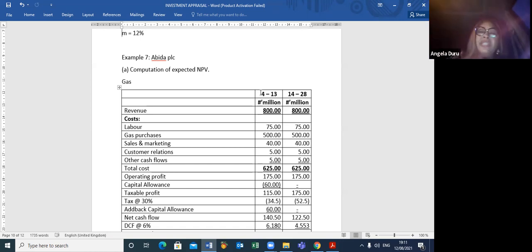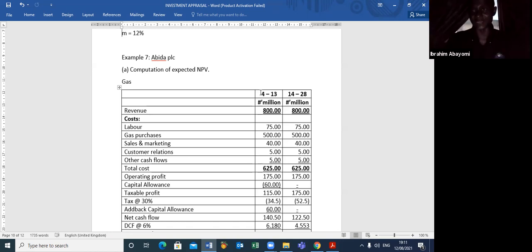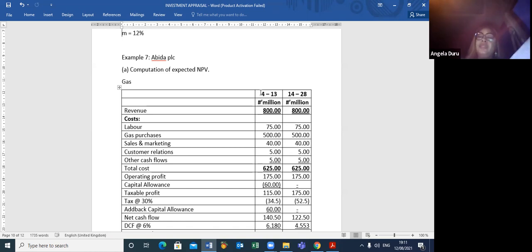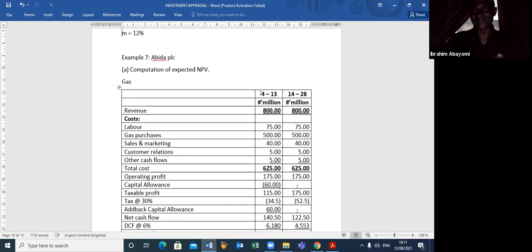But this 14 to 28, is it 15 years? Yes, it's 15 years. Count it again: 14, 15, 16, 17, 18, 19, 20, 21, 22, 23, 24, 25, 26, 27, 28. Can you see that now? So all you know is 25 years.